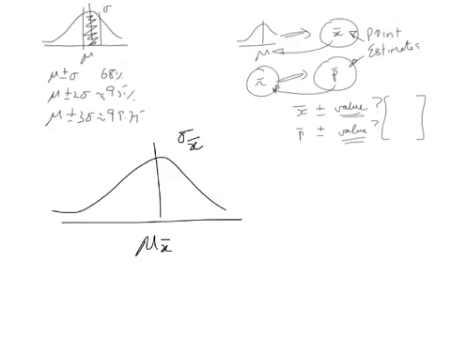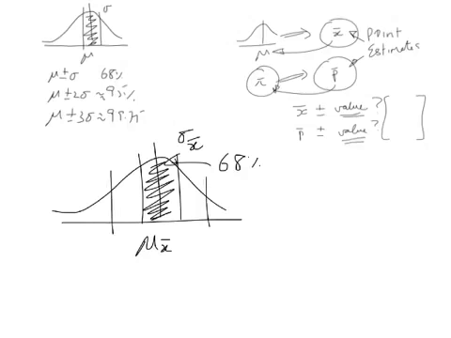So I think we could say similarly, we have 68% of all the possible sample means that could be generated from that population. Now note the difference. I'm talking about when we generate different means now, 68% of all of the possible sample means will be in that range. And then approximately 95% would be within 2 standard deviations.